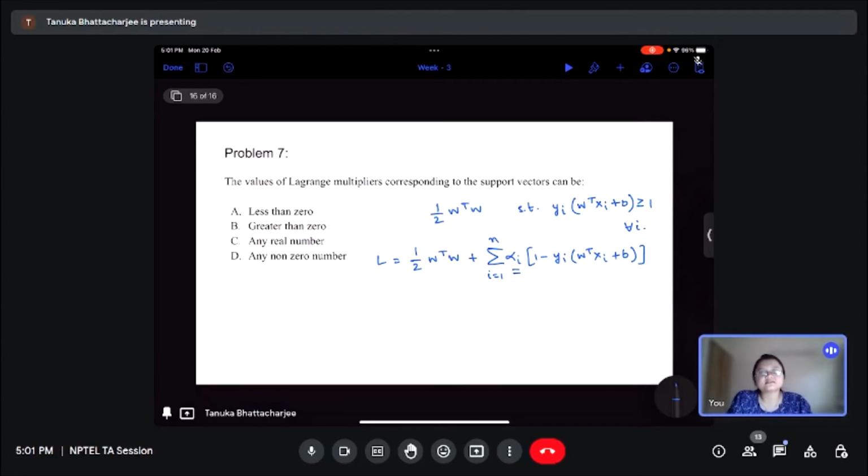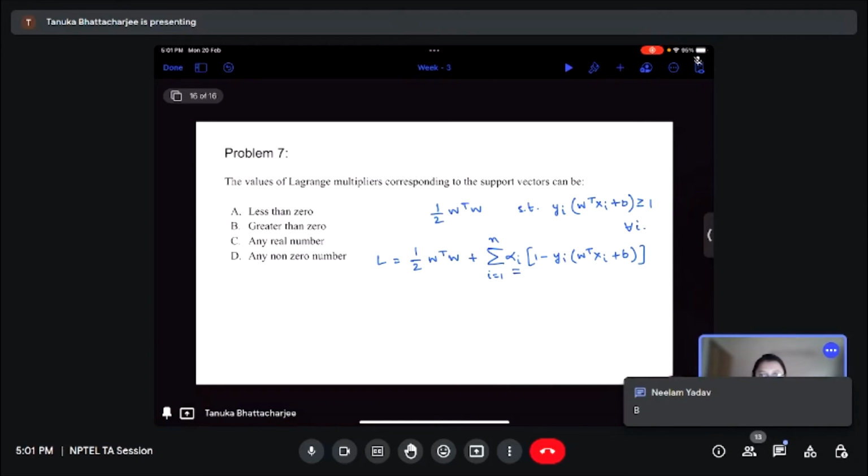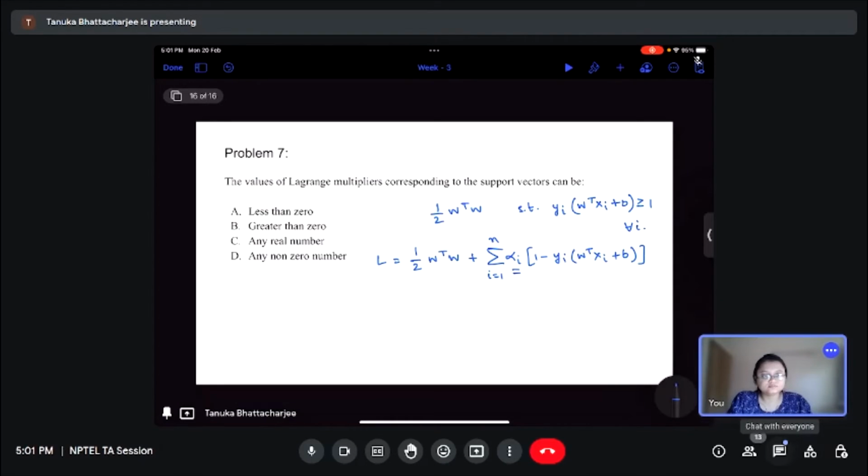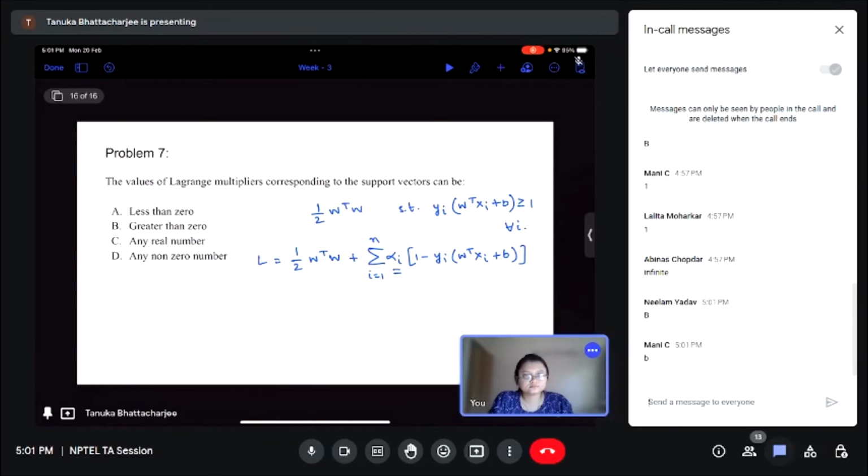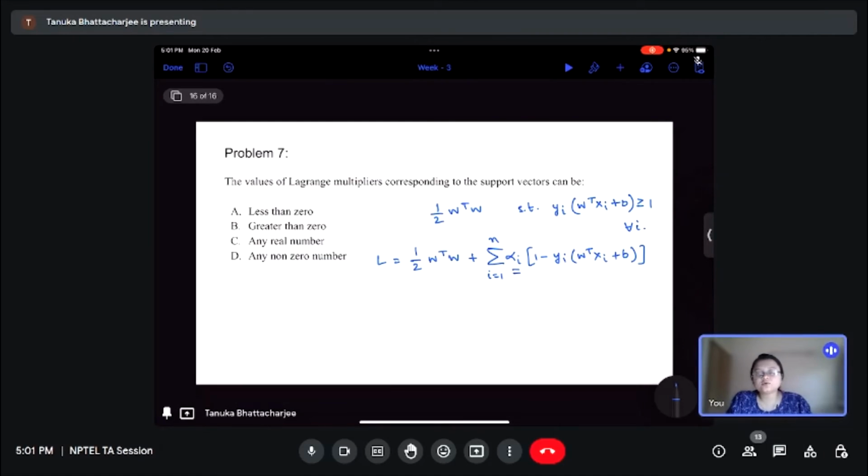Is it less than 0, greater than 0, any real number, or any non-zero number? What do you think, guys? Neelam is saying greater than 0. Anyone else? Mani is also saying greater than 0. Yeah, both of you are correct.